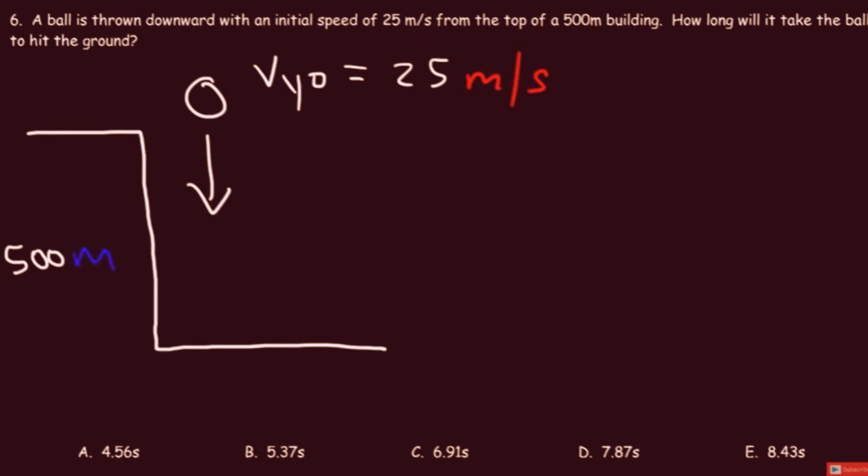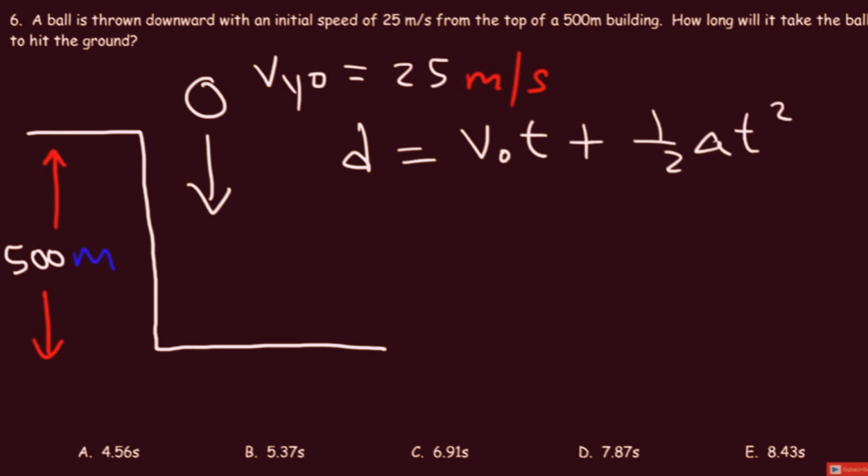However, we can use the same formula to calculate the time. So the vertical displacement is going to be equal to the initial speed multiplied by the time plus one half a t squared. Now the displacement in the y direction as we move from position A to position B is still negative, negative 500 in this example, and the velocity in the y direction is negative, since the ball is moving in the negative direction. So we have negative 25 times t and negative 9.8 over 2, that is negative 4.9. So positive and negative, the sign will be a negative sign.